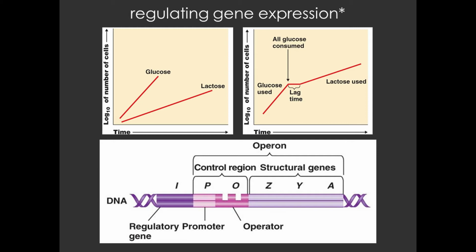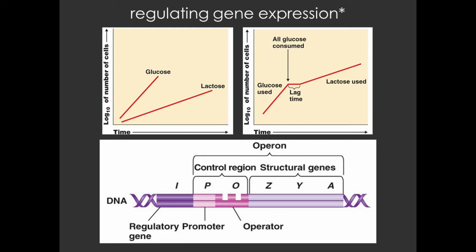You see initial growth at a rate that is equal to growth where glucose alone is being consumed. And then after a period of time where no growth occurs, you see growth occurring at a rate that is equivalent to growth with lactose alone. So it seems that the cells preferentially use all of the glucose, and then there's some sort of period of waiting, a lag time, and then the cells start to catabolize lactose.